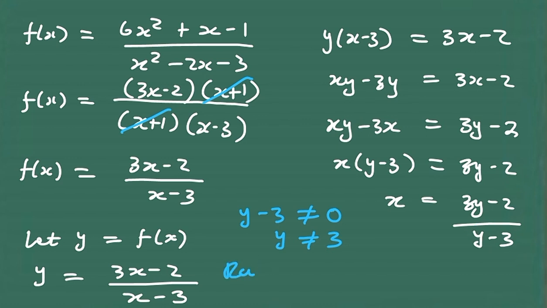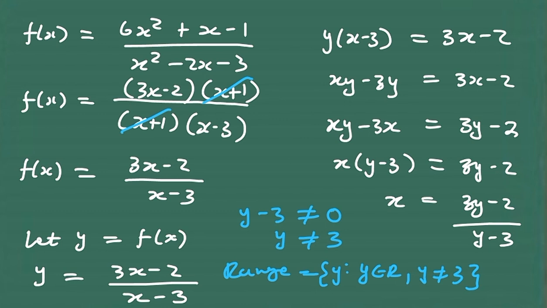So we can say that the range of this function is y belongs to the set of all real numbers, positive infinity to negative infinity, except y shouldn't be equal to what? Positive 3. So you can take all other values but not 3.